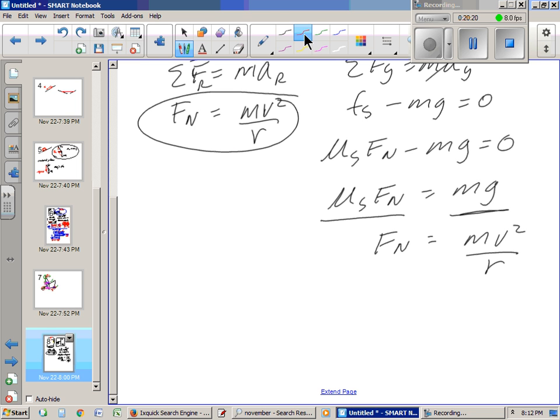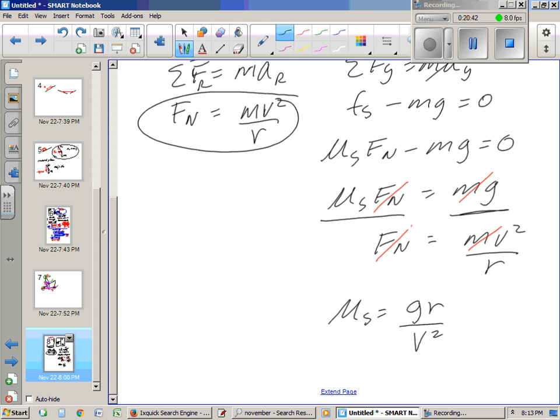And we're going to then cancel out the Fn's, cancel out the mg's or the m's. And what we're going to get is that mu static is equal to g r over v squared. If I do that right, and that looks good.